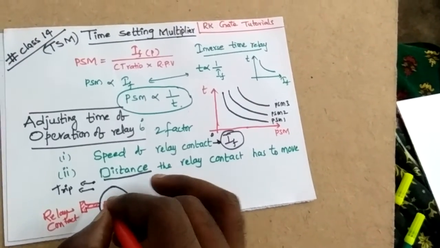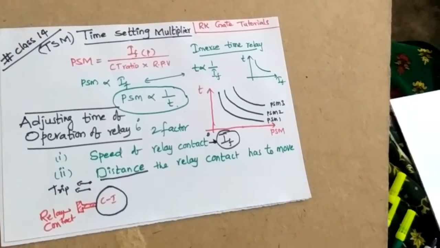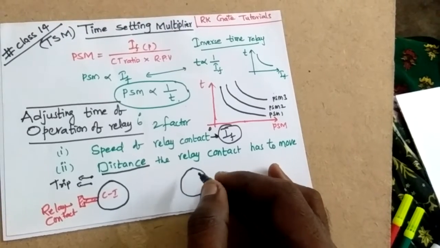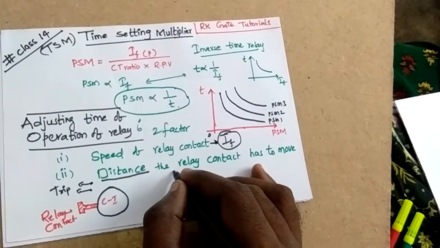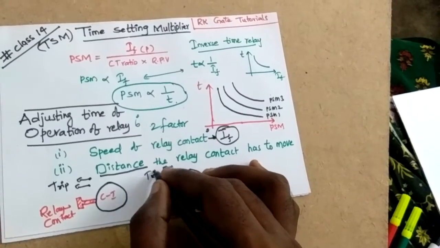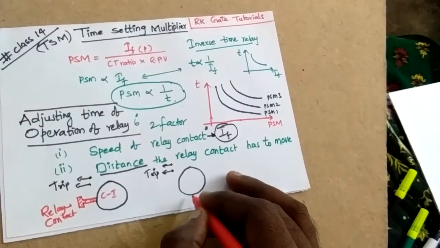So let us say this is case 1. If you consider case 2, the same disk type relay, the same trip circuit will be here, but now we are placing the relay contact here.